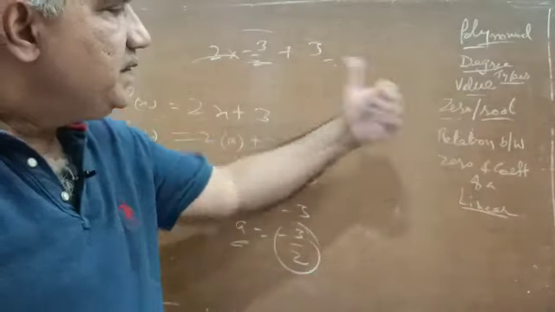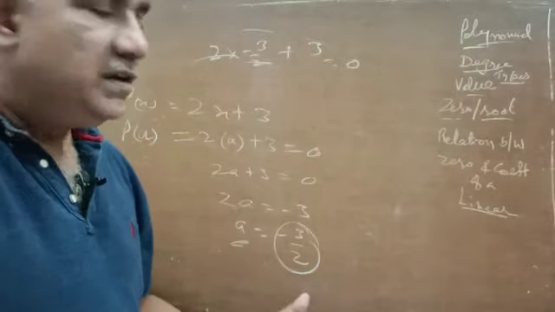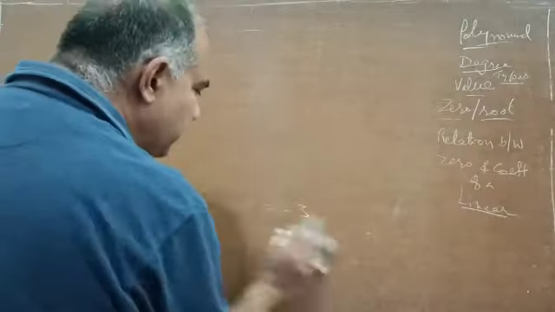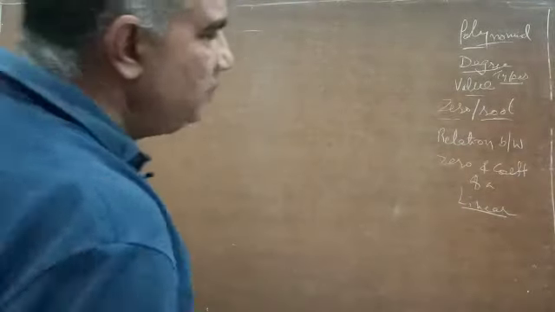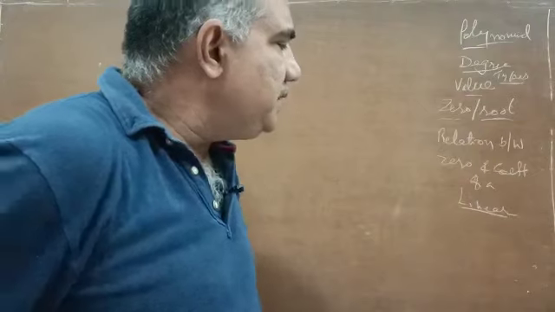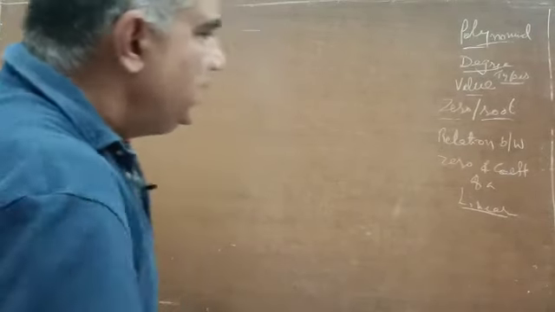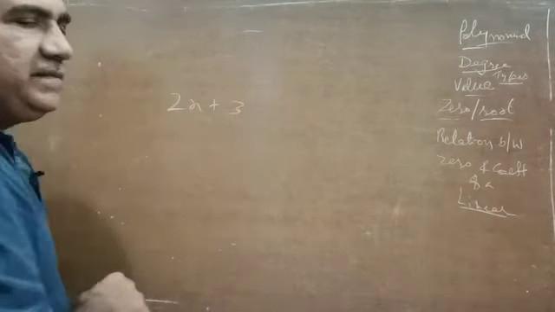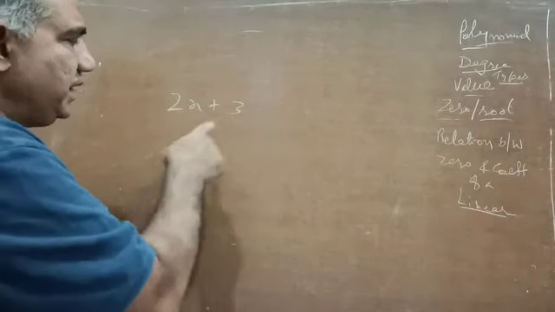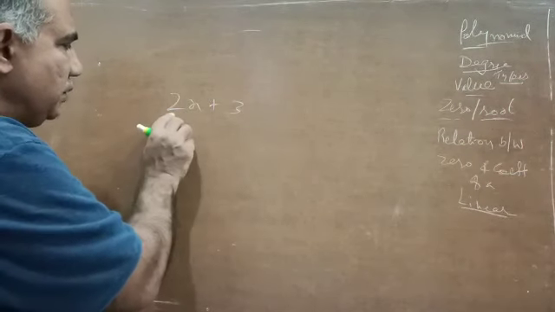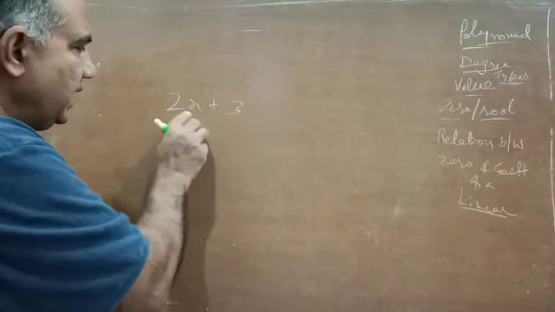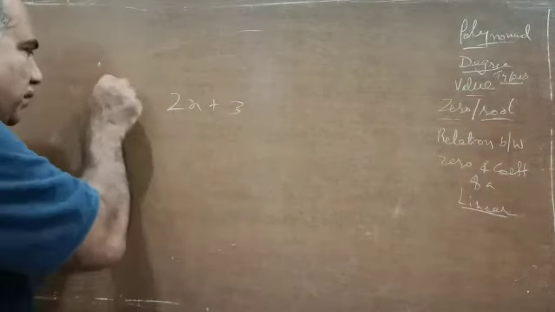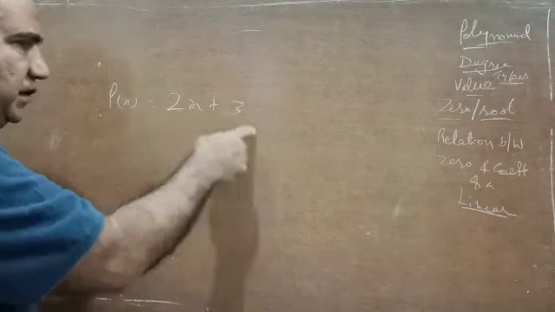Similarly, this is also called a root. We will also see it in detail after some time. Now this being an introductory class, this is enough. Now the relation between zeros and coefficients of a linear polynomial. See, if I have a linear polynomial like 2x plus 3, this is the coefficient of x, this is the constant term, and we will find the zero. Let a real number a be the zero of this polynomial in x, p(x) is equal to 2x plus 3.